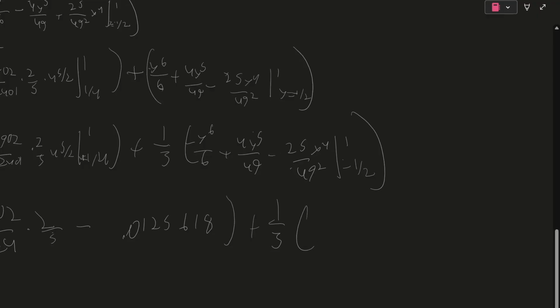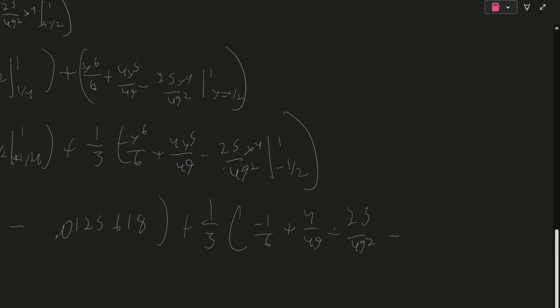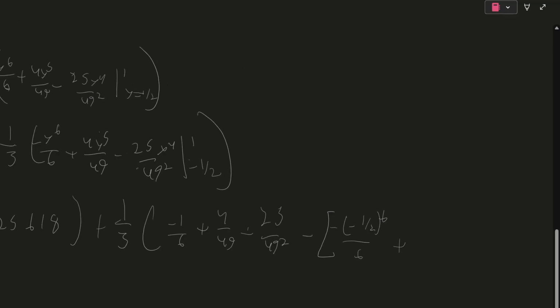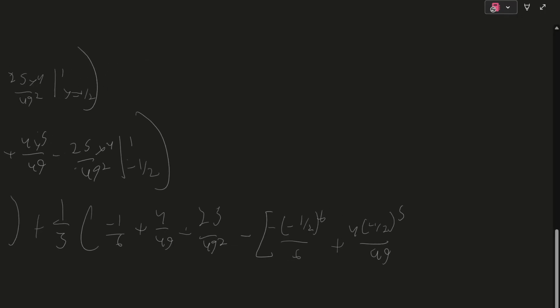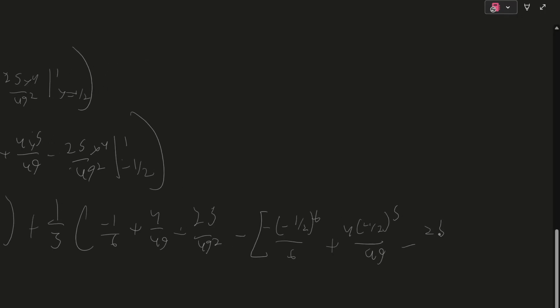So we have 1/3 times negative 1/6 plus 4/49 minus 25/49 squared, minus, in brackets, negative 1/2 to the 6th over 6, and this is also negative, plus 4 times negative 1/2 to the 5th over 49 minus 25/49 squared, negative 1/2 to the 4th.